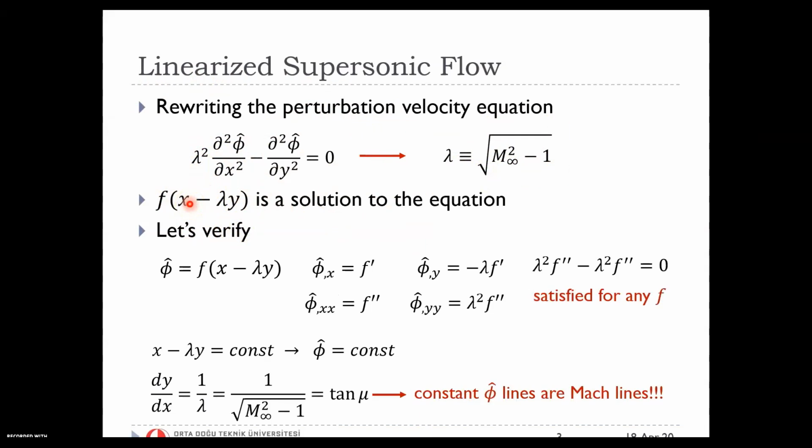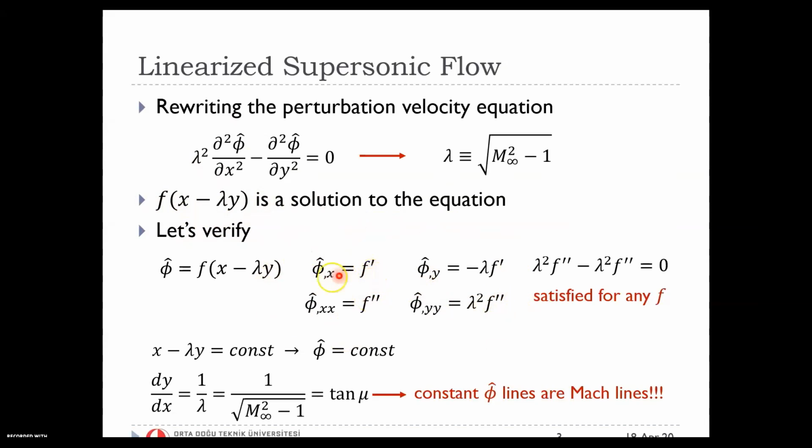You can verify this by calculating the second partial derivatives of phi hat with respect to x and with respect to y using this function, and then putting them back into this equation. If it's satisfied, then our suggested solution is really the solution for this partial differential equation. You can do these calculations quite easily by using the chain rule.